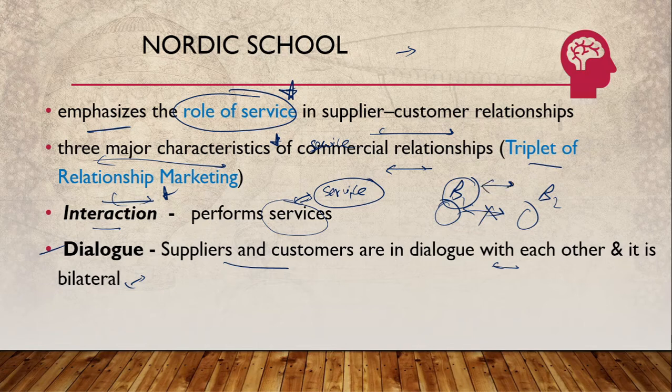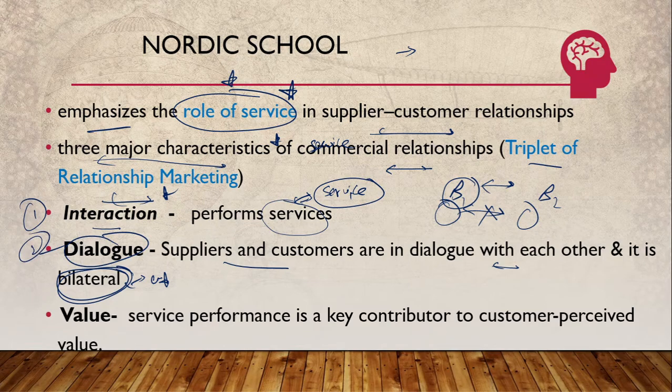So when you have a concept of service associated with your interaction and your dialogue, you will listen to the other company's people and also their perspective. So this is bilateral. Dialogue should always be bilateral is what this Nordic school emphasizes. And the third one is the value. It says the service performance is a key contributor to the customer perceived value.